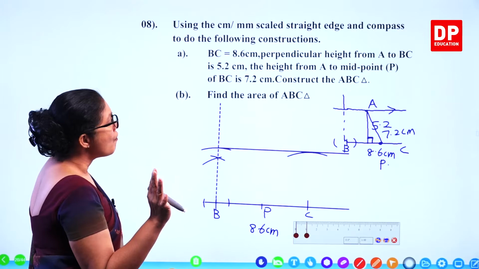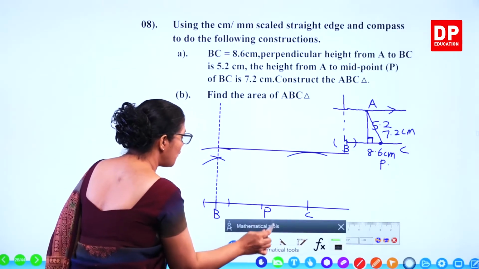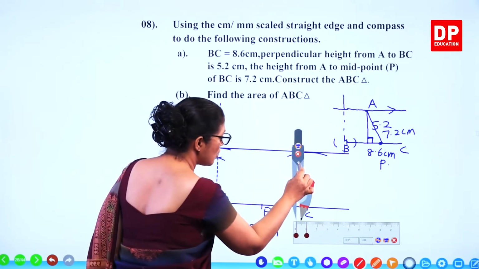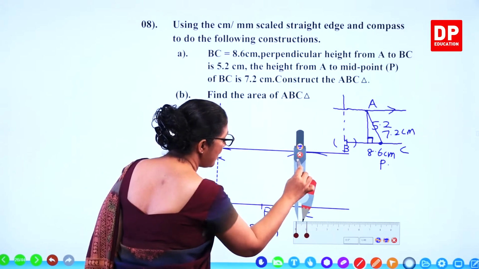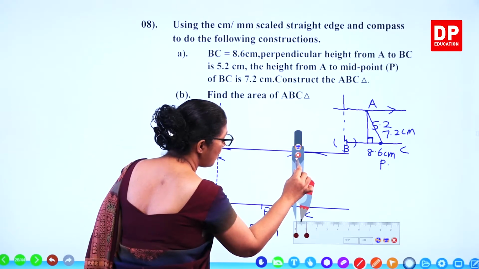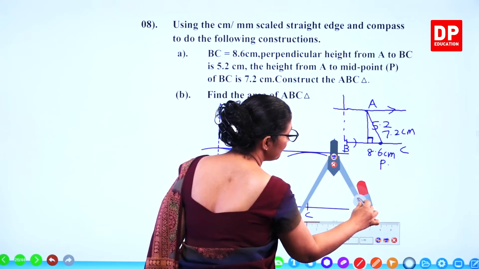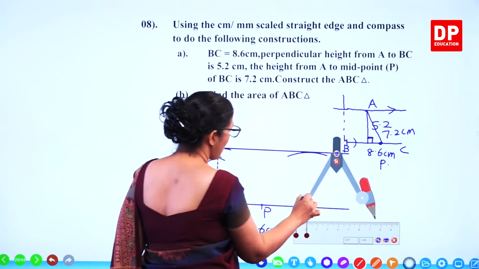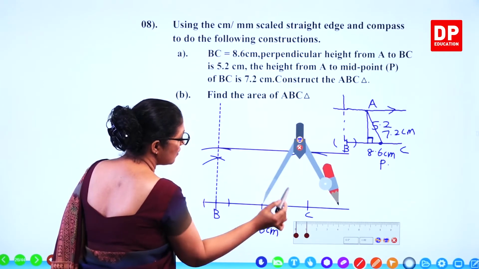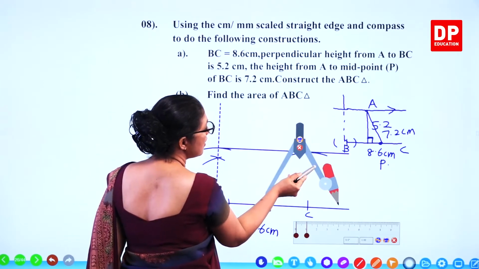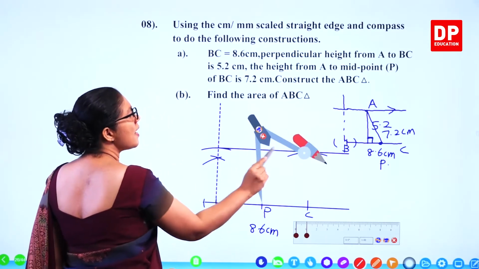Now from P, that's 7.2. Now what we can do, we can measure 7.2 centimeters and then find the point A. 7.2 distance from P. So you have to mark the arc so that it intersects this parallel line.